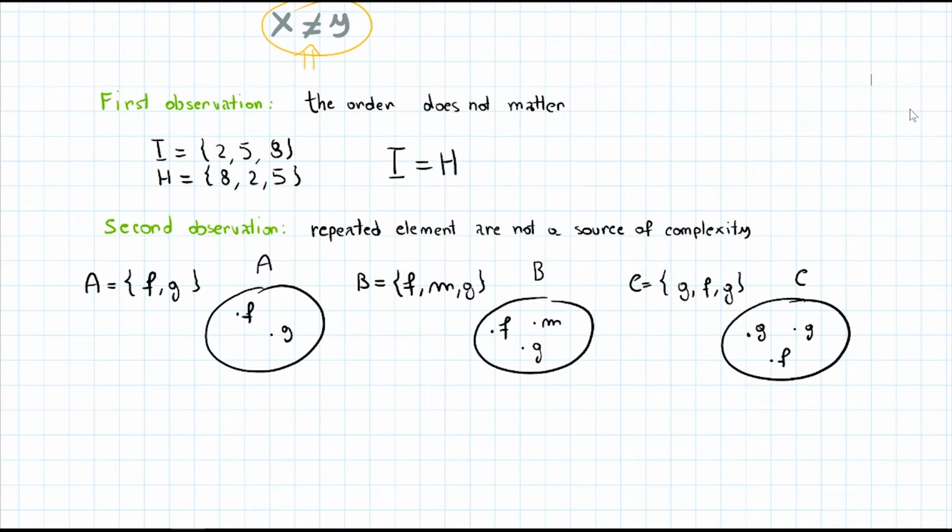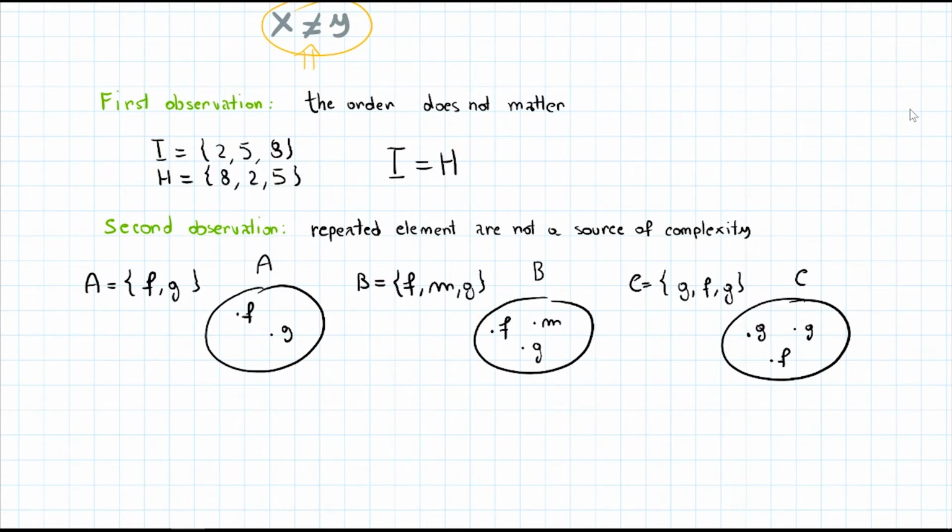The second observation instead is that repeated elements are not a source of complexity, in the sense that if we have a set where an element is counted twice or more than two times, then it's still considered as one object when we want to relate two sets.